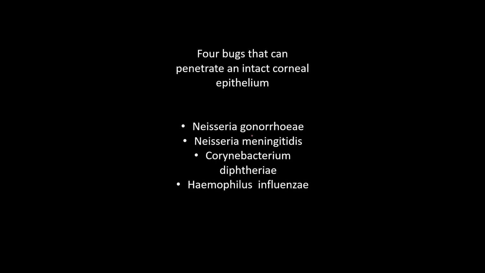So these bugs are Neisseria gonorrhoeae, Neisseria meningitidis, Corynebacterium diphtheriae, Haemophilus influenzae. Pseudomonas is also the lens wearer's enemy. It's gram-negative, it's everywhere, and it's quite fast in causing an infection. It can cause the cornea to melt quite fast, and that's exactly why her short history is quite frightening.